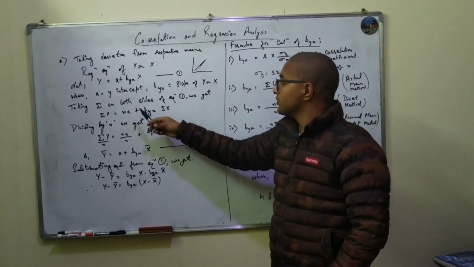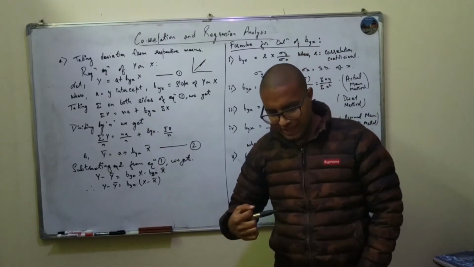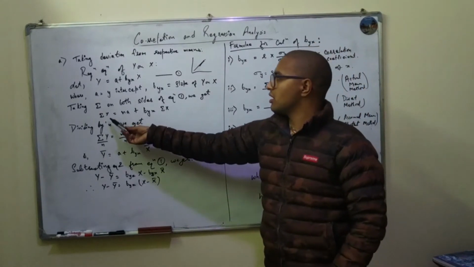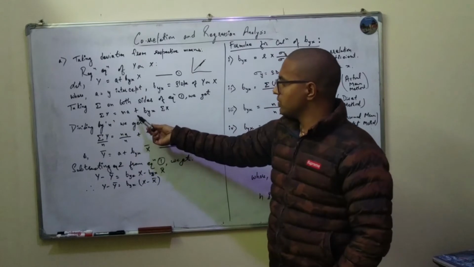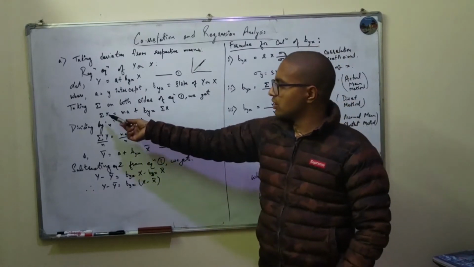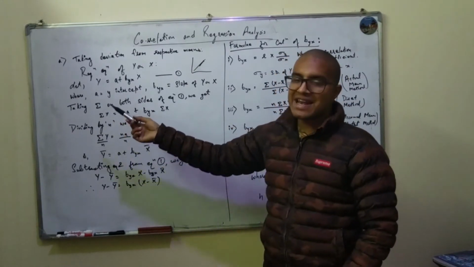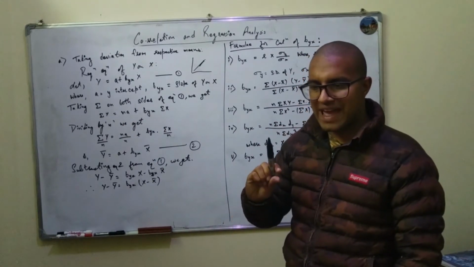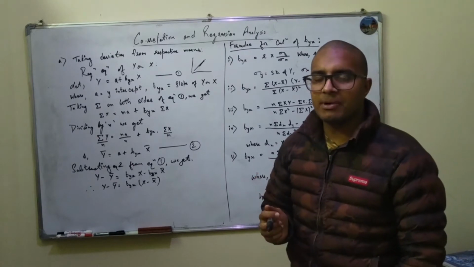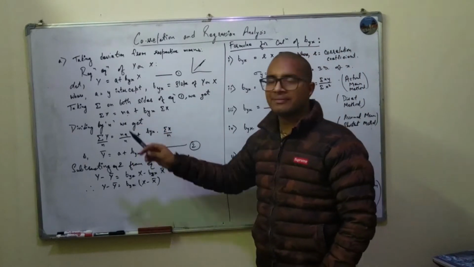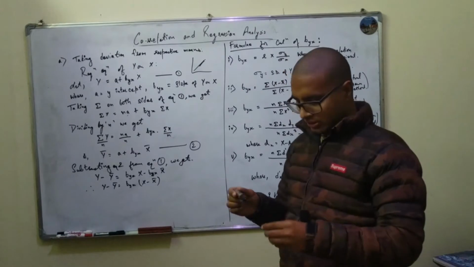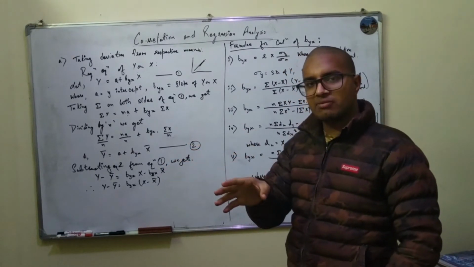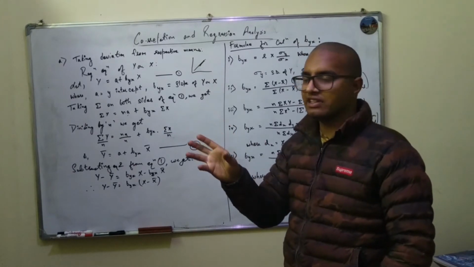So first of all, we sum both sides. Summation y equals n times a, because n is an imaginary number, right? So n times a is how much the intercept increases by n.